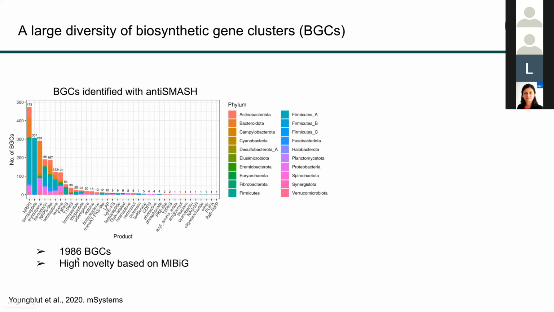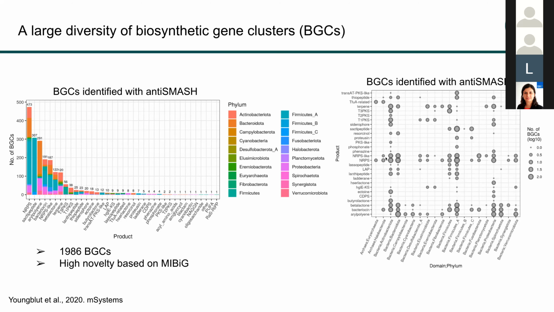In total, we got about 2,000 BGCs, and most appeared to be novel. And so you can see the most abundant ones across MAGs were non-ribosomal peptide synthetases, but then you do have a distribution of quite a few of others present among these MAGs.